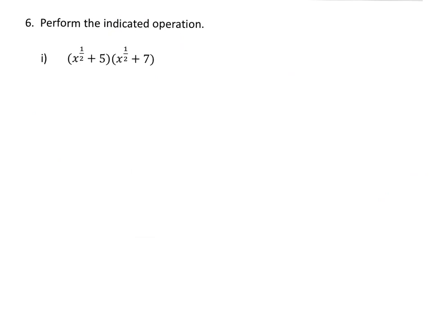To perform this operation, we're multiplying a binomial times a binomial. So in this case, we want to distribute, or shortcut is to FOIL. First, outer, inner, last. So let's start with the first.